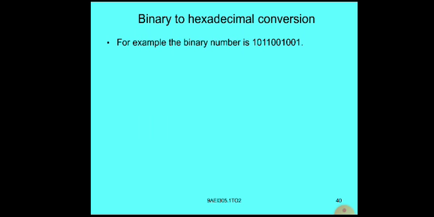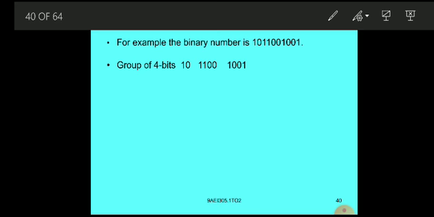This is the example: 1011001001. Groups of 4 bits from LSB to MSB, like this. Groups of ones.